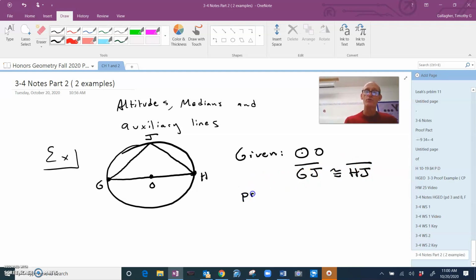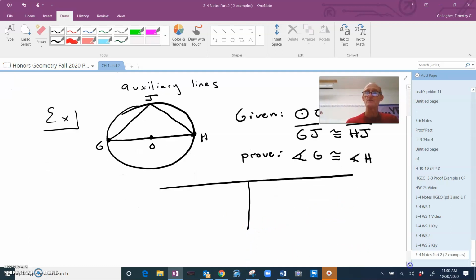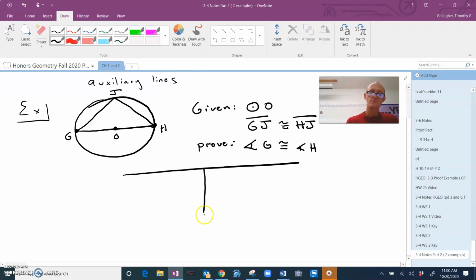And I want to prove that angle G is congruent to angle H. Now, I'm going to do a two-column proof. So I'm going to draw a big T. And I'm going to put the statements here and the reasons here.